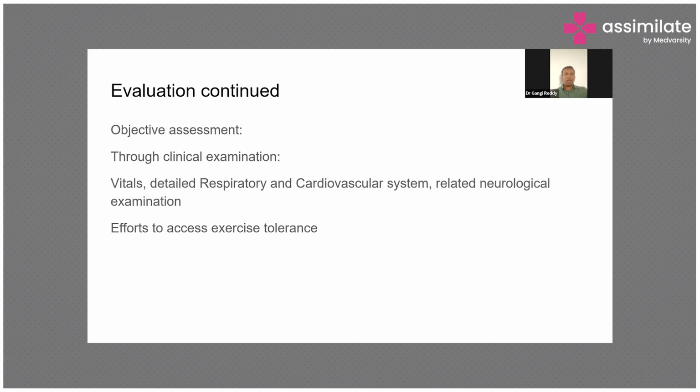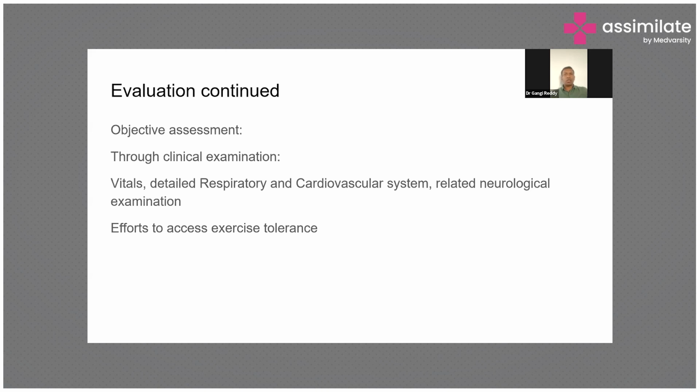It is not a tough thing to do. We can do a CT scan in most breathless patients as well, more often than not. Secondly, we have to also look for their effort tolerance. The basic method of evaluation of effort tolerance is by doing a 6-minute walk test.